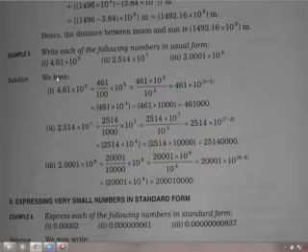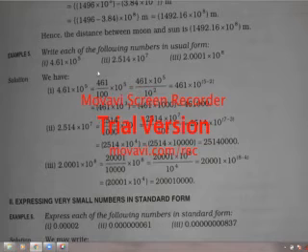So we have 4.61 into 10 to the power 5. For the first number, what we have done is we divided 461 by 100. How did 100 come?